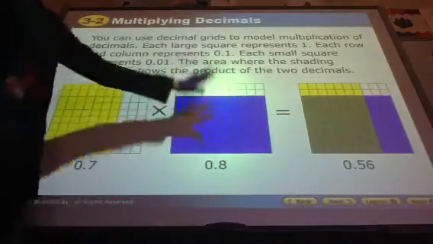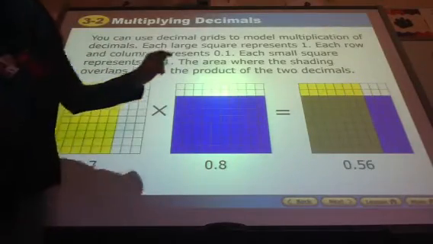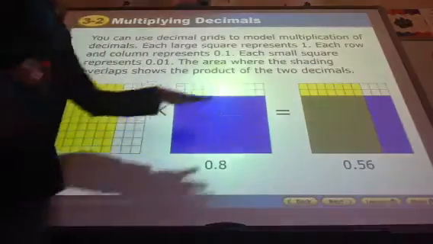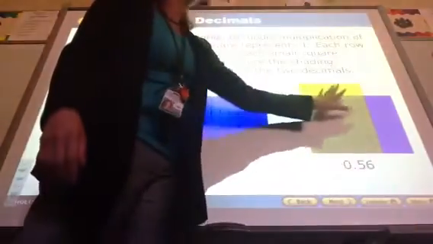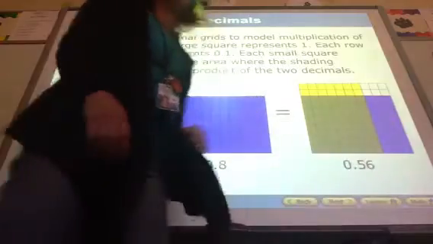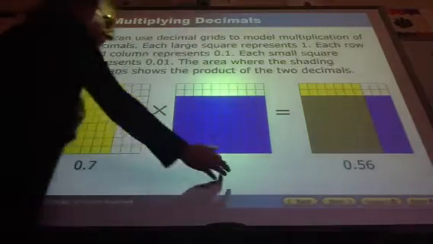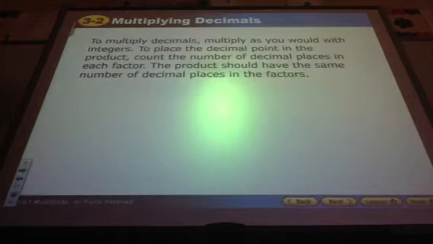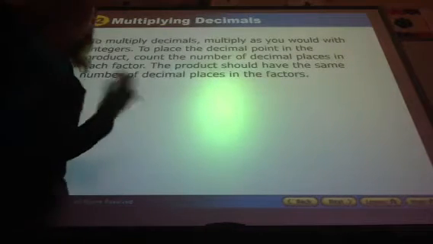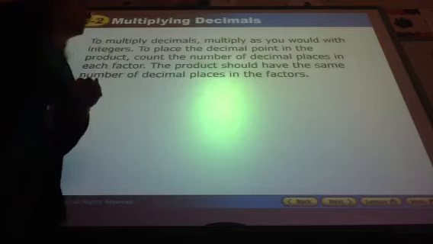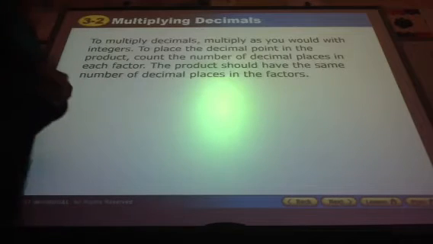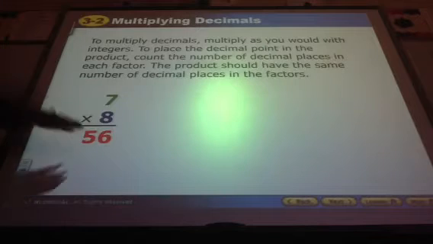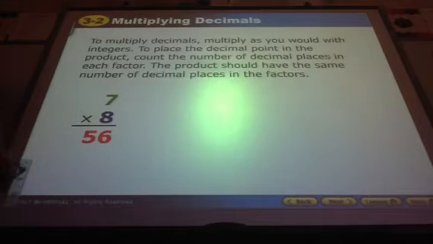I want you to see by this drawing, and I want you to actually shade in on your paper so that you can see where they overlap, and to see that this would be 56 hundredths, 2 decimal places. 1 decimal place here, 1 decimal place here. So now we look at the actual problem, and you can pause the video if you want to do your shading right now with your yellow and blue makes green.